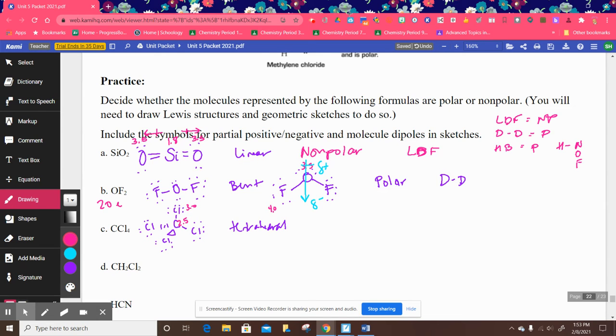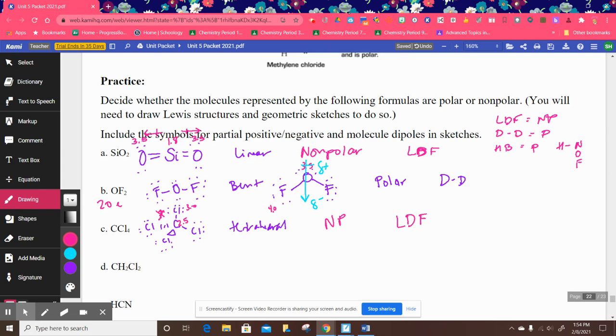So the electrons are being pulled toward the chlorine, but it's equal and opposite. They're all being pulled with the same strength at 109.5 degrees. So all of those polarity vectors would cancel out, deeming this molecule as nonpolar, which means the strongest forces of attraction would be London dispersion forces if I had a whole group of CCl4s together.